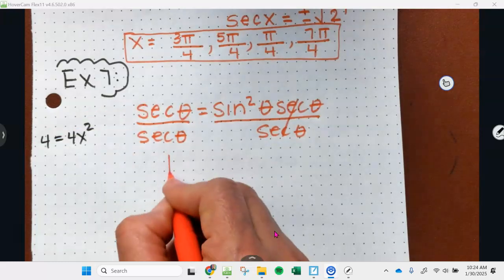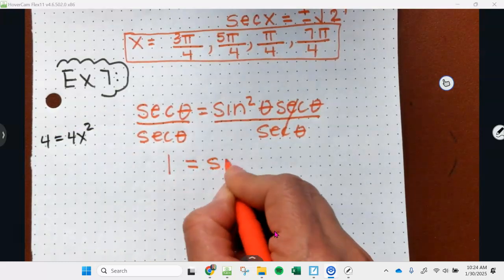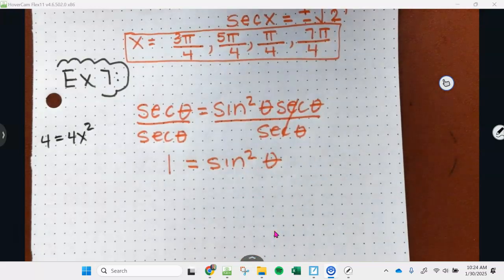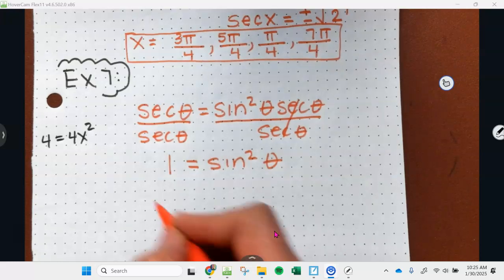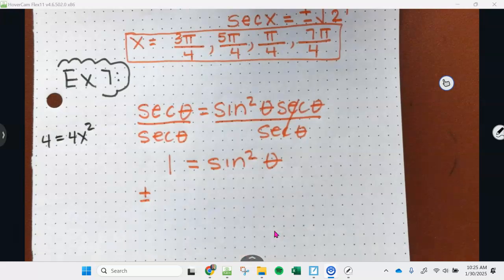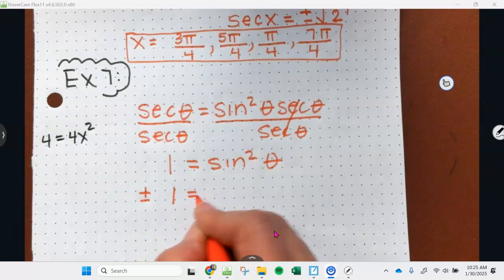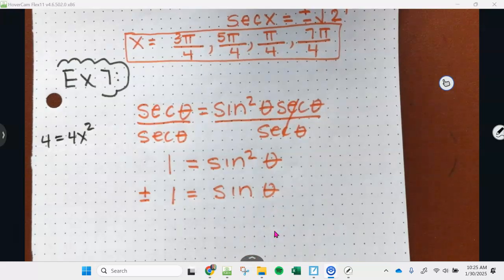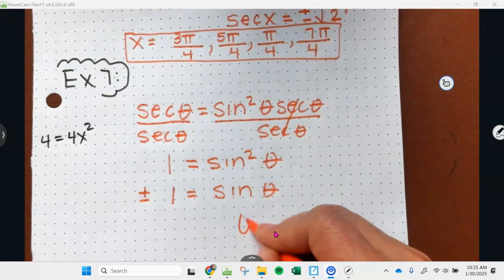Those secants cancel out to a 1. And then what would you do from there? Square root both sides. One's a perfect square. So we need the sine value for theta, where it equals a positive 1 and a negative 1.